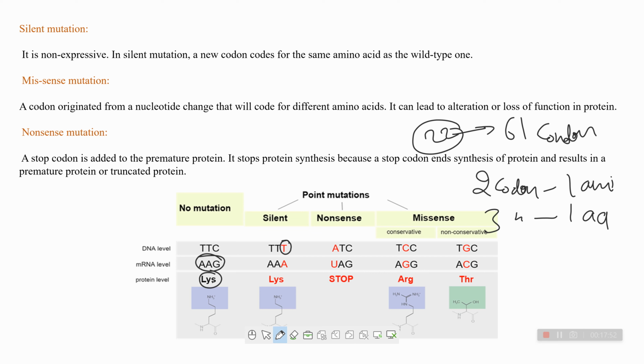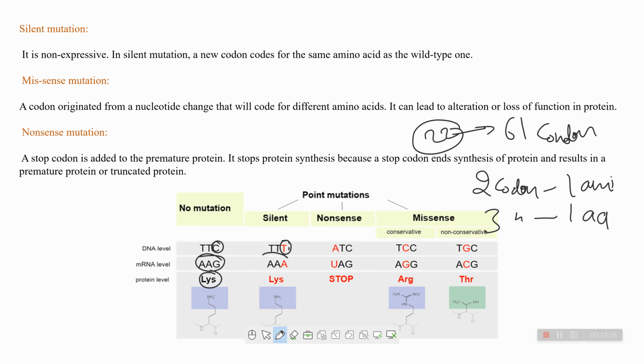After a point mutation, this C will change to T. Mutation takes place at the place of C and it is converted into T, thymine, right? And after transcription this codes for triple A, right?